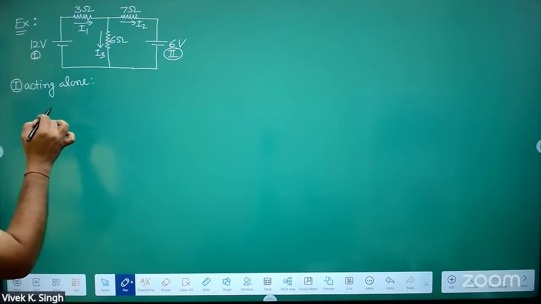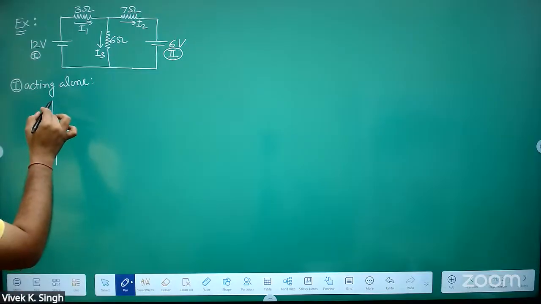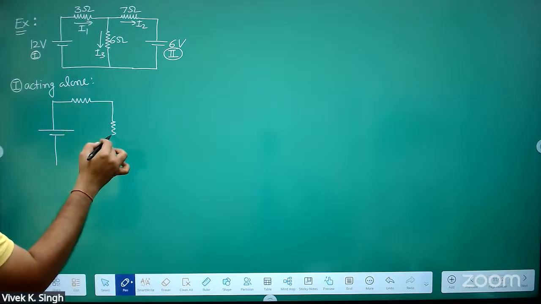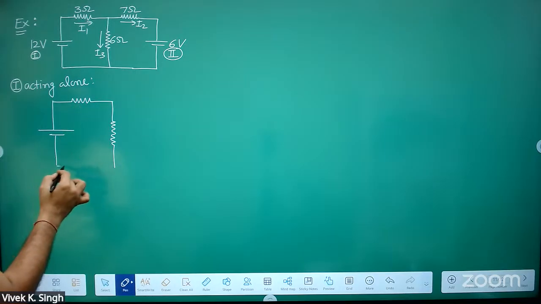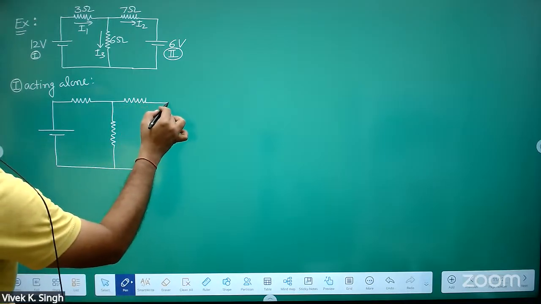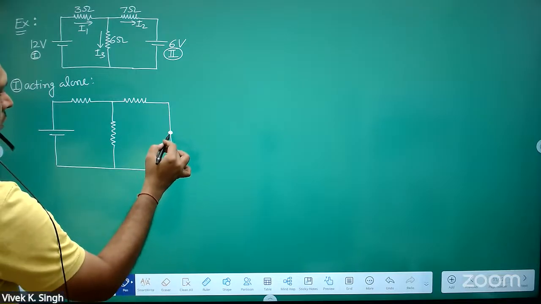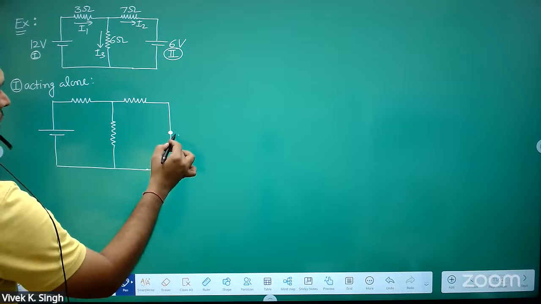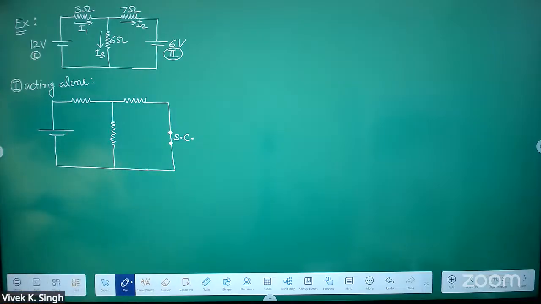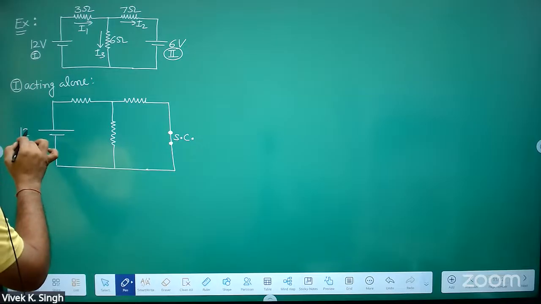So what will be the equivalent in this case? Now this second source is turned off, so this is short circuited. This will be 12 volt.